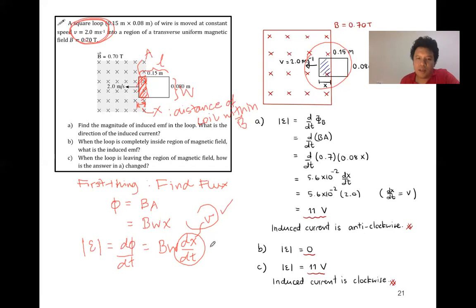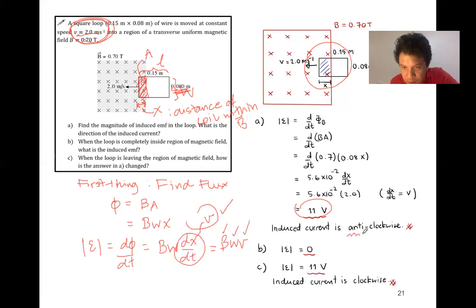So this electromotive force will be B, W, and V. If you substitute B, W, and the speed, you are going to get this number.